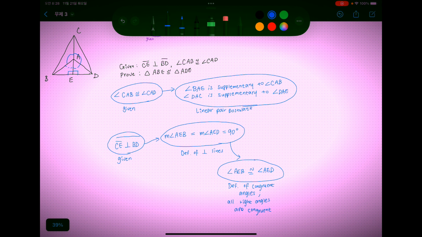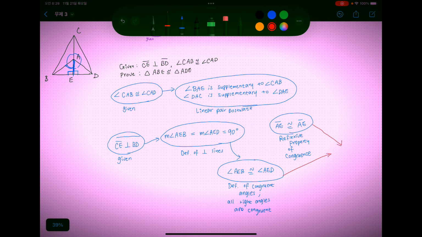And so we have this angle, so now we just have to know this right here, and we know that AE is just AE from the reflexive property of congruence. So combining this and that, right?